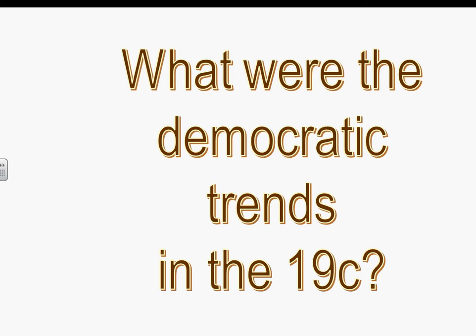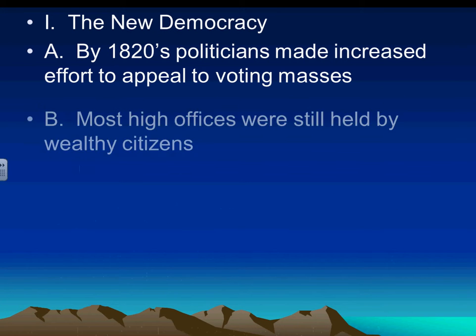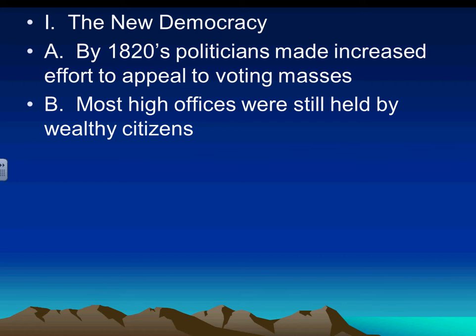Eventually, these restrictions will be reduced to simply being a white male, and this is going to give a tremendous boost to the disenfranchised, those at the bottom of the social scale. By the 1820s, politicians made an increased effort to appeal to voters on a massed basis. Unfortunately, offices were still held by wealthy citizens.